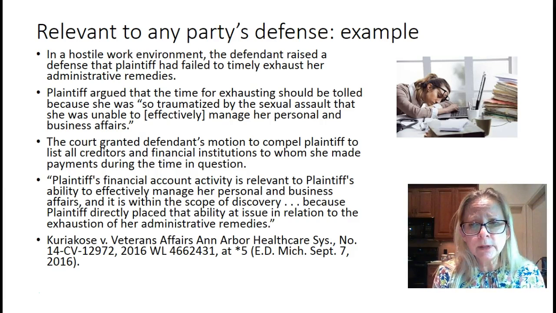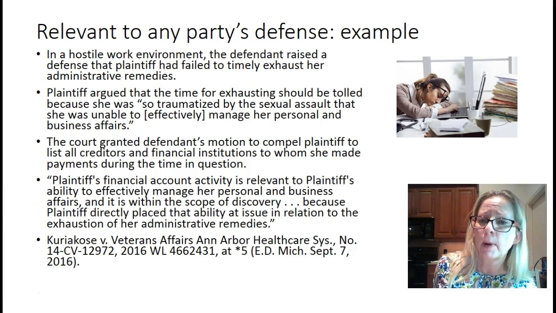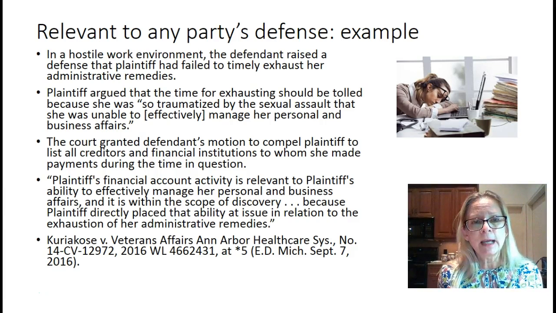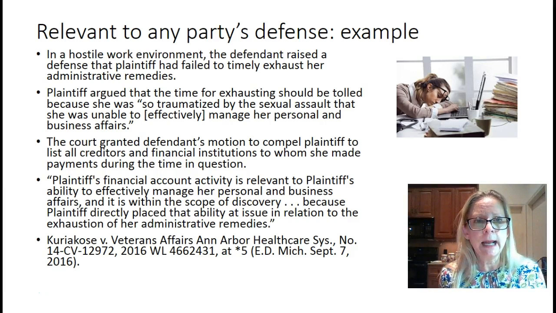So here's another example of relevance. This would be relevant to a party's defense and also illustrates how you have to think about the substantive law in the case. This was a hostile work environment case, a discrimination case, and the defendant raised a common defense in such a case, which was that the plaintiff had failed to timely exhaust her administrative remedies.